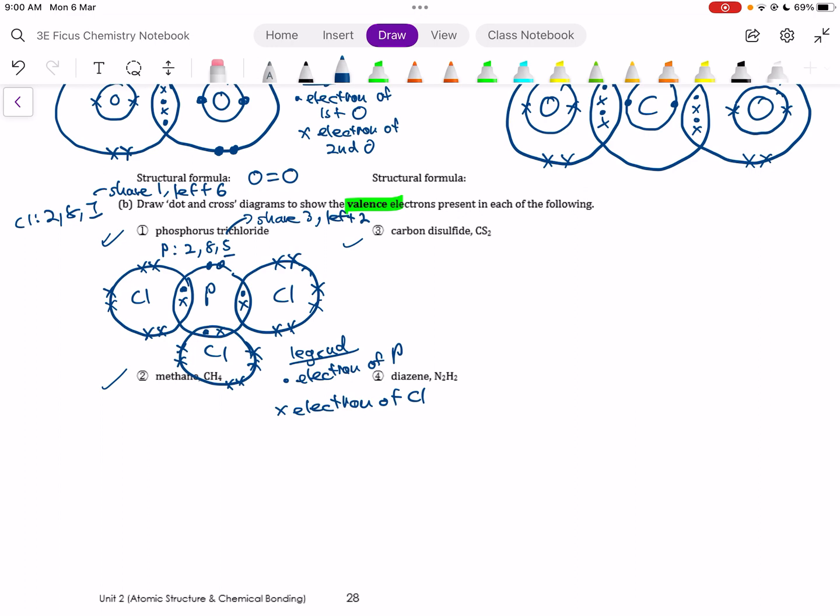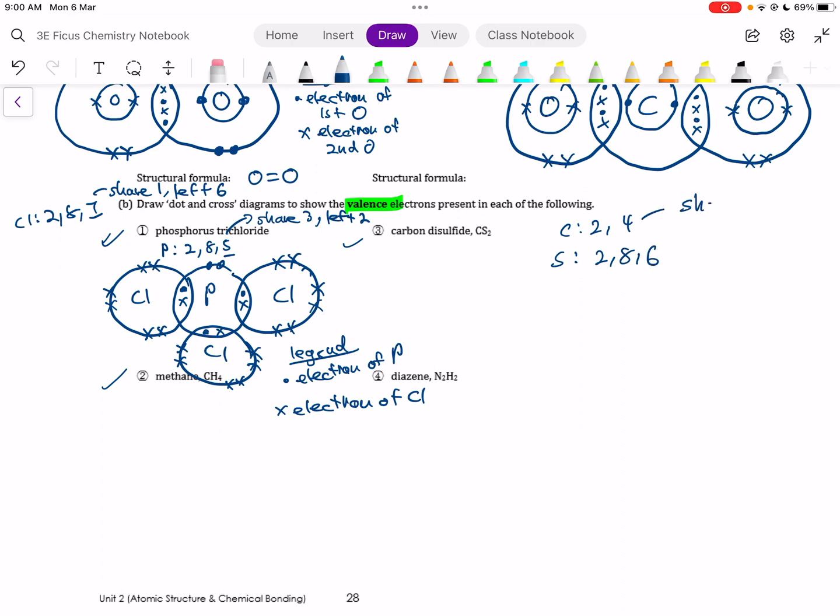Then you also have things like carbon disulfide. So this one is 2,4. Sulfur you have 2,8,6.